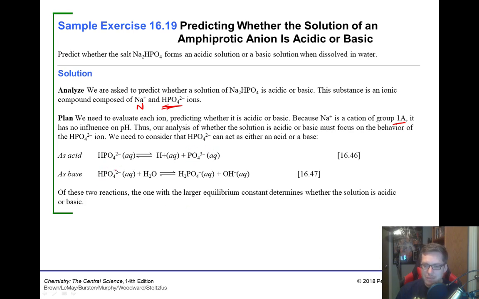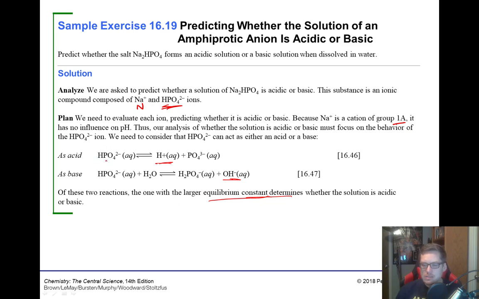If it acts like a base, it'll accept a hydrogen from the water and form the H2PO4 minus, and then OH minus. Now, in order to figure out which of these two reactions wins, are we going to form hydroxide or are we going to form hydronium more, we have to look at the equilibrium constants for both reactions. Now this is where it gets confusing.